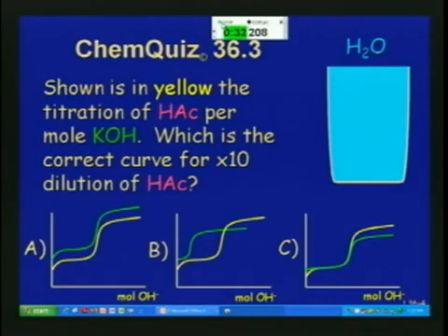What's the answer? You're thinking it's wrong. What is it? A?